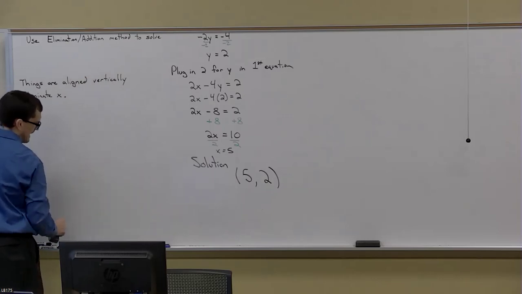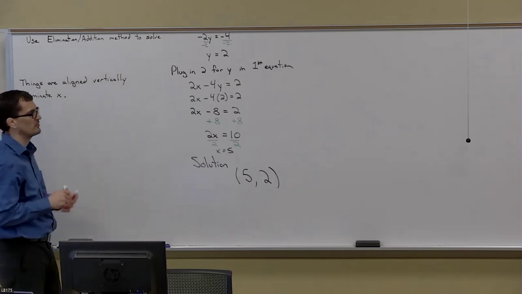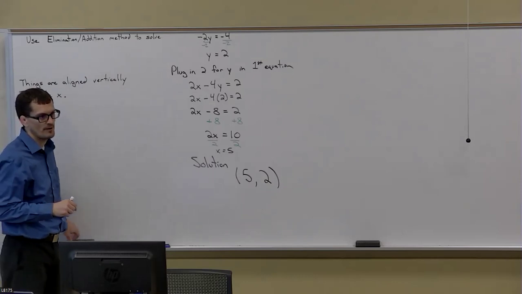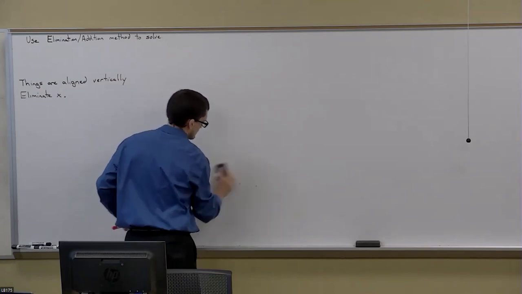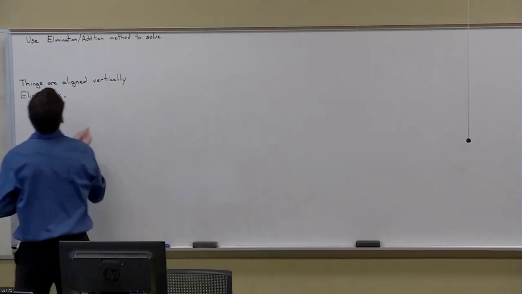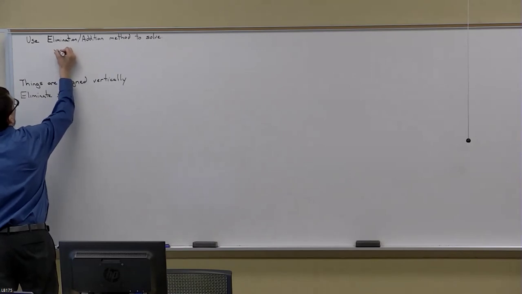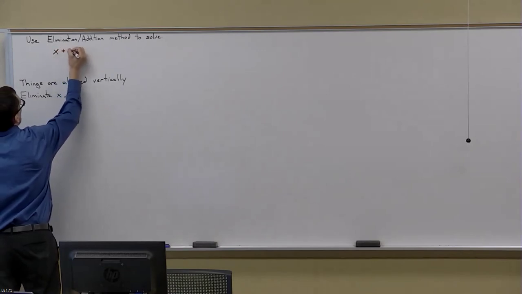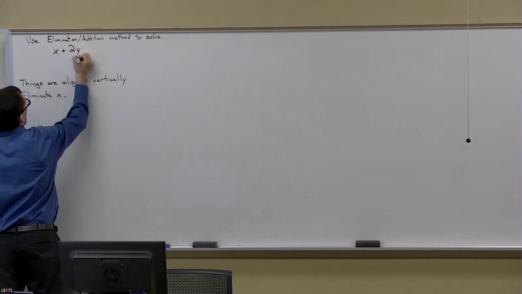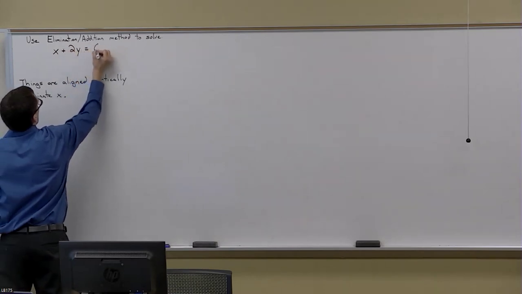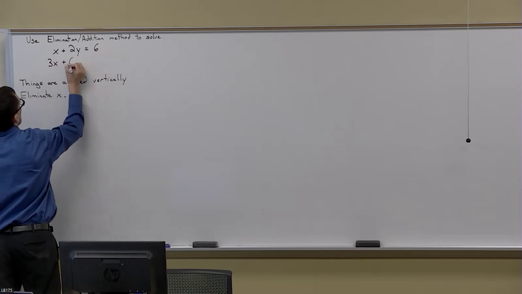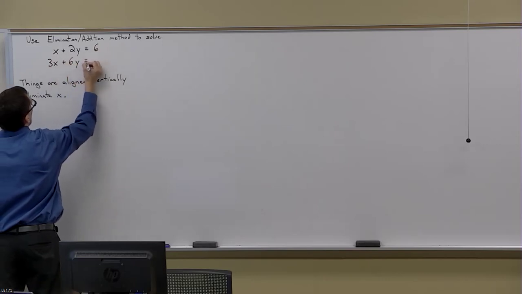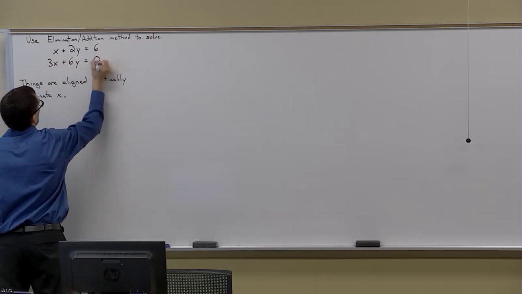And I'll use the elimination, but this could happen in the substitution method as well. All right. So elimination, let's say we had x plus 2y equals 6, and 3x plus 6y equals 0.